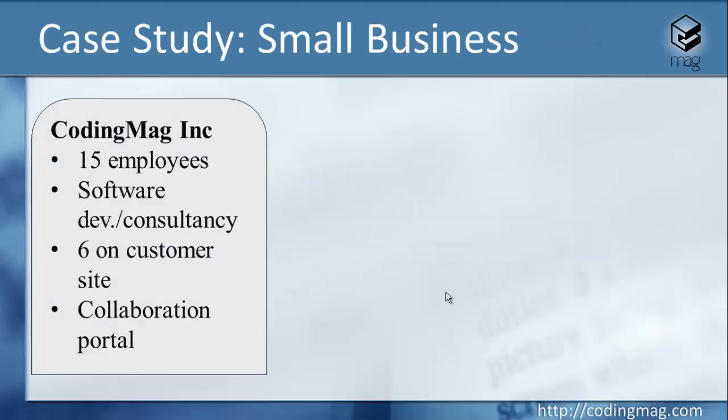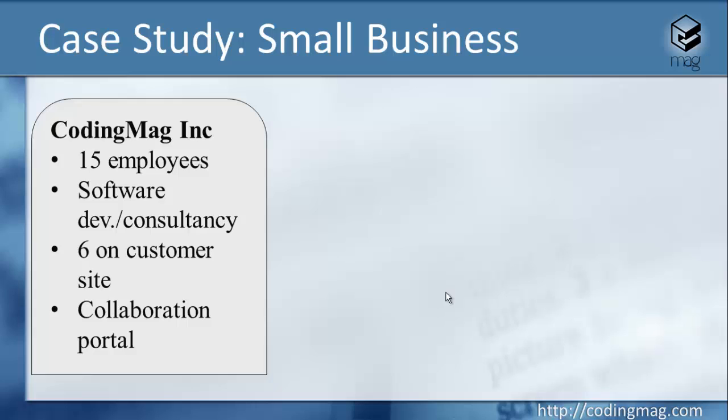So actually, there's no company like Coding Mac Inc., but imagine there's a company. Actually, I worked in a company like that, which has 15 employees, and which makes software development and consultancy as its main business, and which has six of its developer and consultant people working on the customer side.